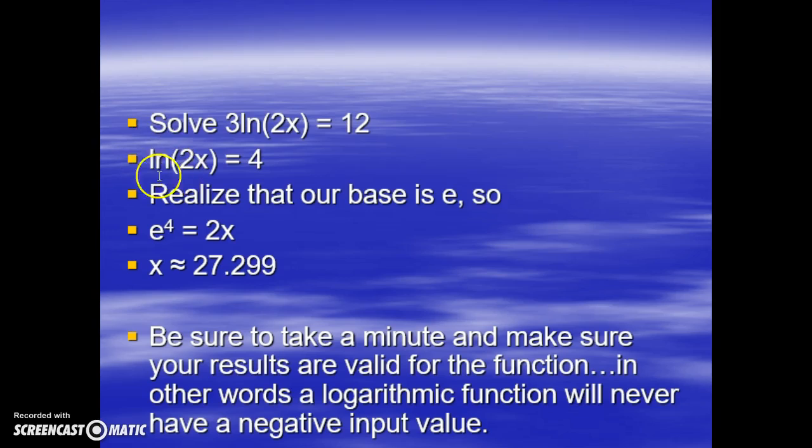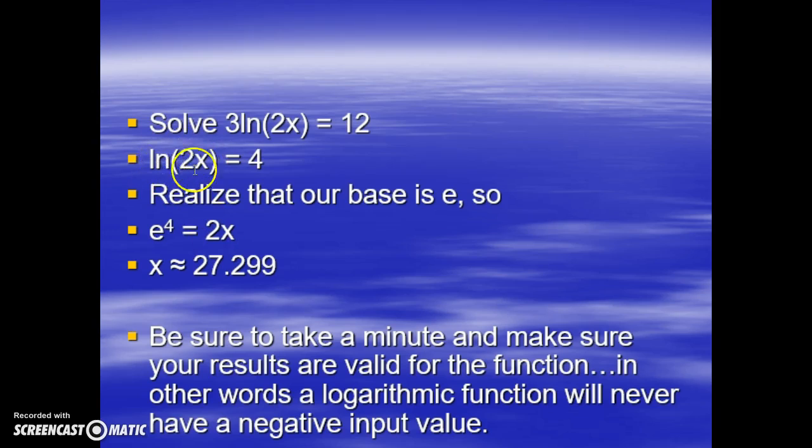Now we want to undo natural log. Before we wanted to undo or take care of the fact that we had e. Well, we're going to use the fact that natural log is log base e, and that if I put that into the e function machine, it's going to undo the natural log part of what's going on here. So e raised to the natural log of 2x is where they get 2x from, right here.